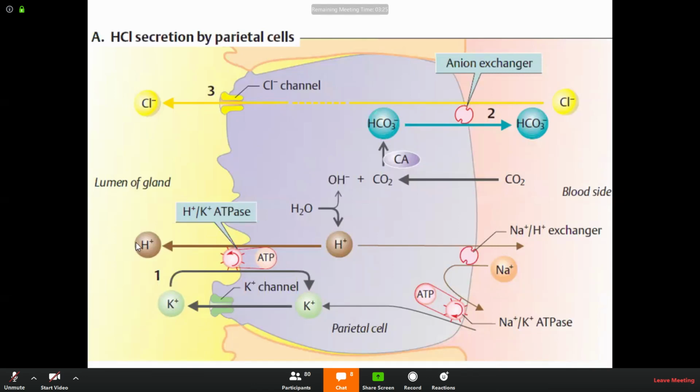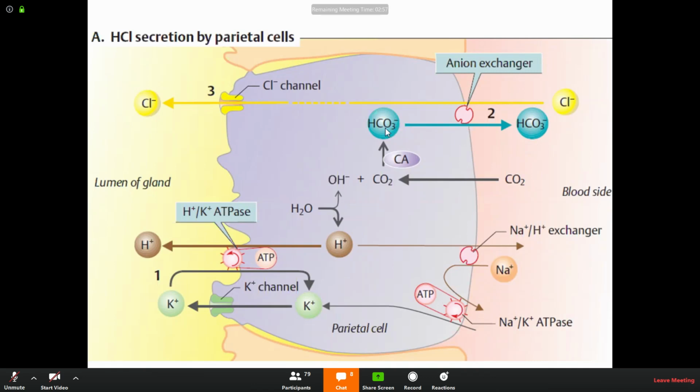Then the hydroxide ion that is formed combines with carbon dioxide, because when the metabolic processes are going on, carbon dioxide is also formed. So carbon dioxide and hydroxide ion combine together and form carbonic acid first, then they form bicarbonate.